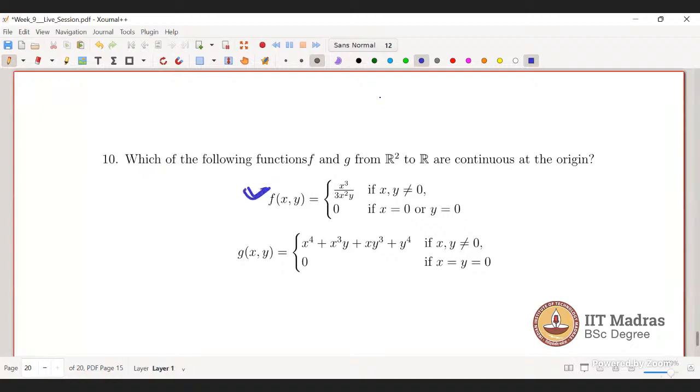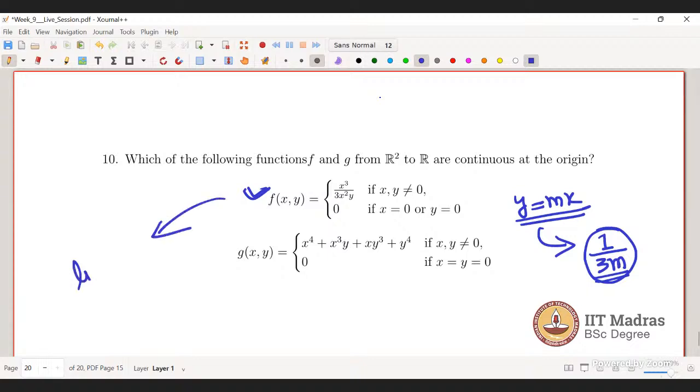If you take the line y equal to mx, what will you get? 1 by 3m. So for different lines, your limit is different. Even for this function, the limit doesn't exist. Once the limit doesn't exist, you can say that this is not continuous.